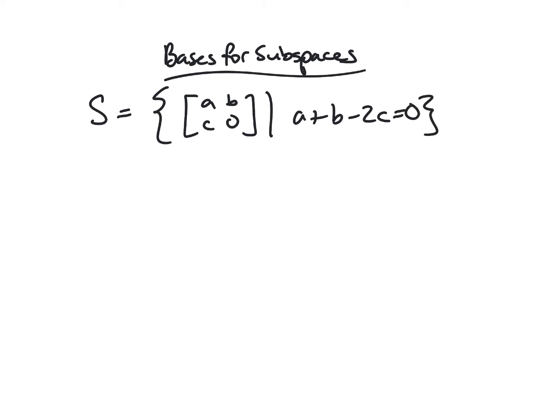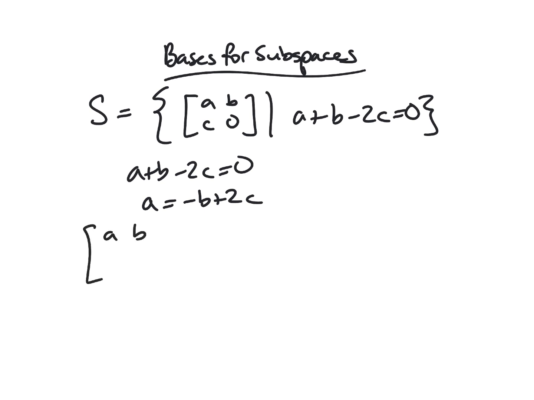So how do we find a basis for this? Well, we've already done some things in terms of finding spanning sets for such things. It's like parametrizing. Here, I can use the fact that a plus b minus 2c equals 0 to see that a, for instance, is negative b plus 2c, and thus solve for one in terms of the others. So then I know what these things look like in general.